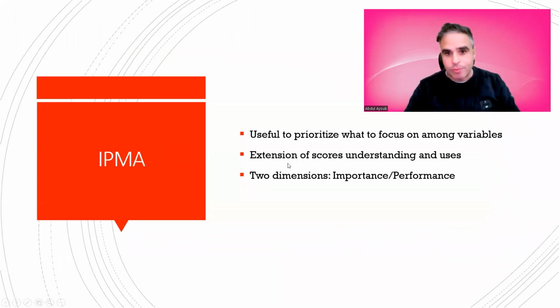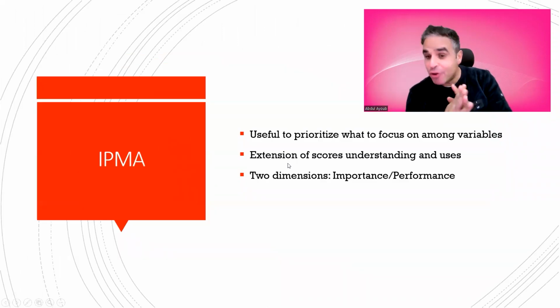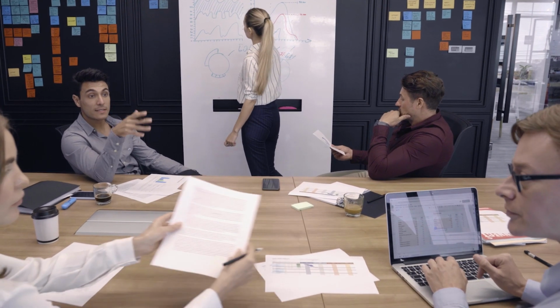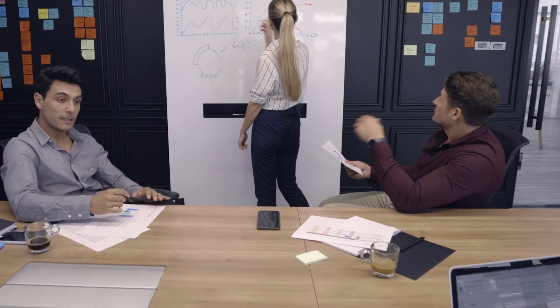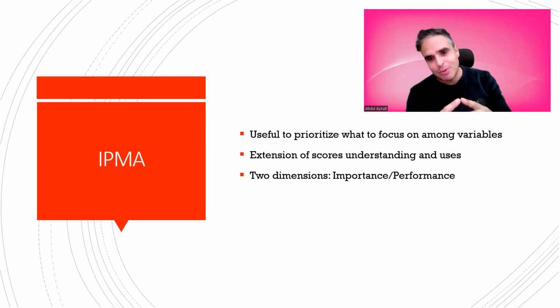So what is it useful for? Prioritizing what to focus on among variables. Management has many variables. All of these variables may have an influence on the latent or the independent variable, but management has to focus on just the most important variables.